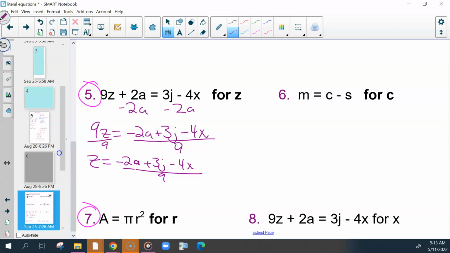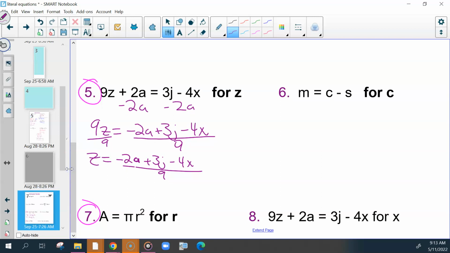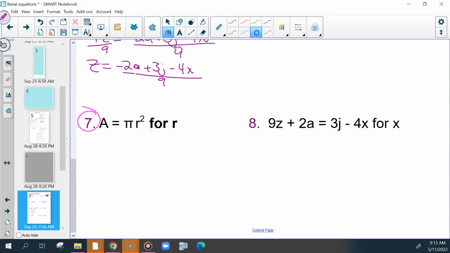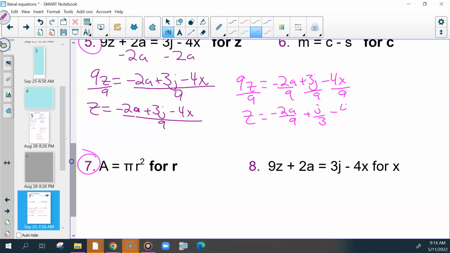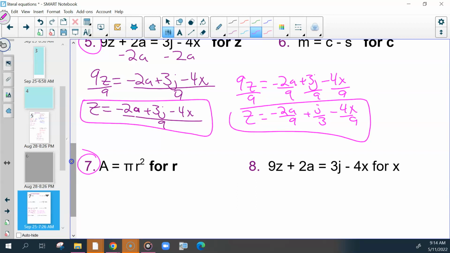If you divided it separately, you have z equals negative 2a over 9 plus j over 3 minus 4x over 9. So both work.